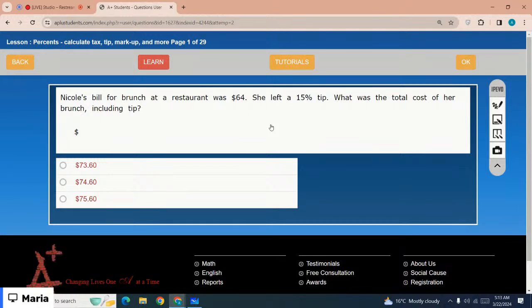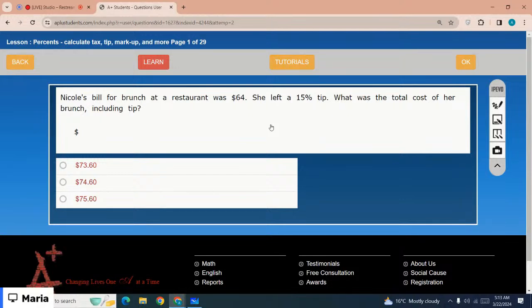Okay, that's exactly the same one we just did, isn't it? Nicole's bill for brunch at a restaurant was $64. She left a 15% tip. What was the total cost for her brunch, including tip? So the correct option is $74.60, right?